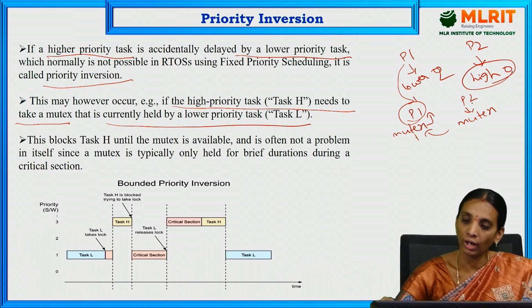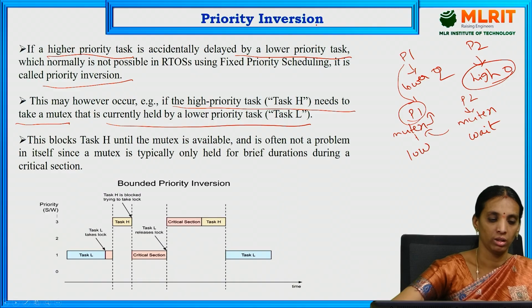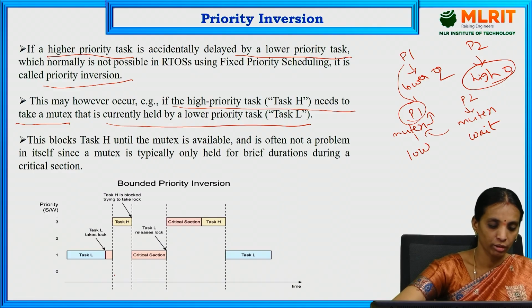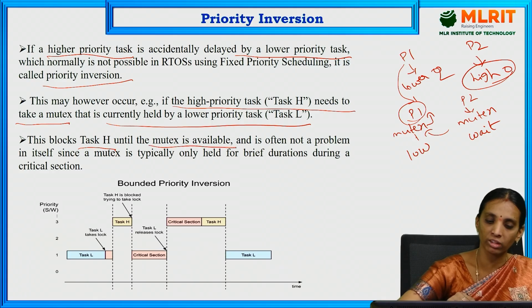The high priority task goes to the waiting state until the mutex is released by the low priority task. This is known as priority inversion. In this example, we have seen that this blocks task H until the mutex is available.